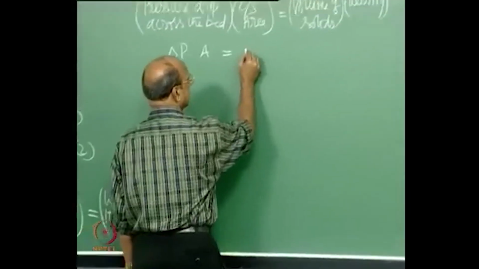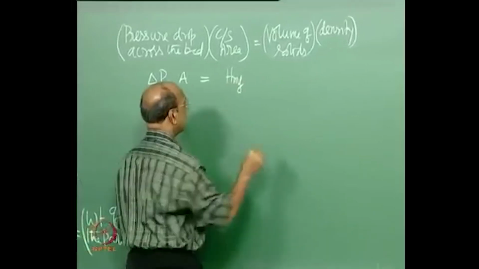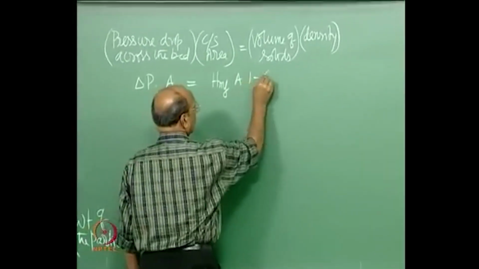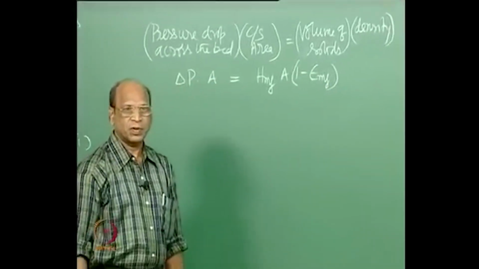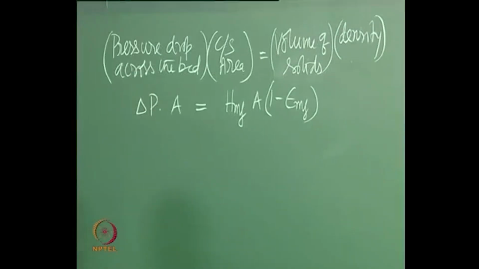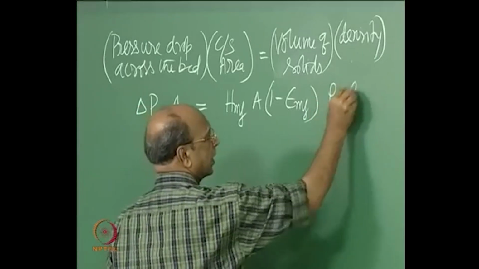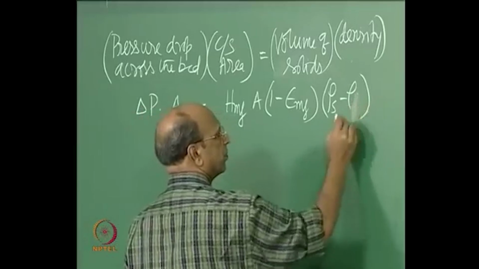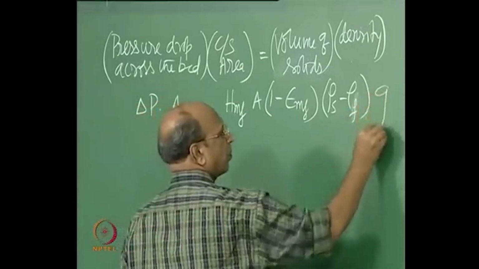Let me put that as HMF, because we are talking about minimum fluidization velocity, into cross sectional area, that is the volume, into 1 minus epsilon MF, because everything is at minimum fluidization velocity. Multiplied by density, rho s or rho f to be general, for liquid also that is possible, and into g.